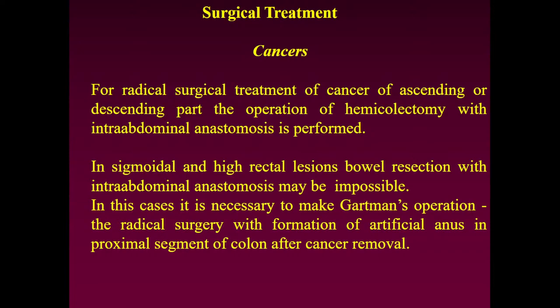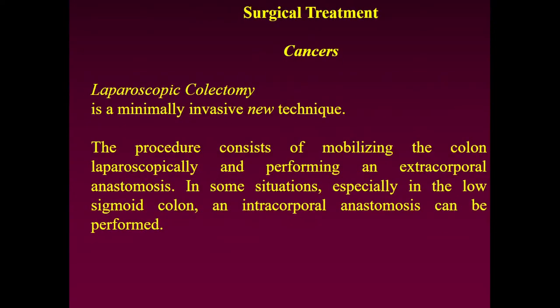In these cases, it is necessary to perform Hartmann's operation. What does Hartmann's operation mean? Hartmann's operation is radical surgery with formation of an artificial anus in the proximal segment of the colon after cancer removal.